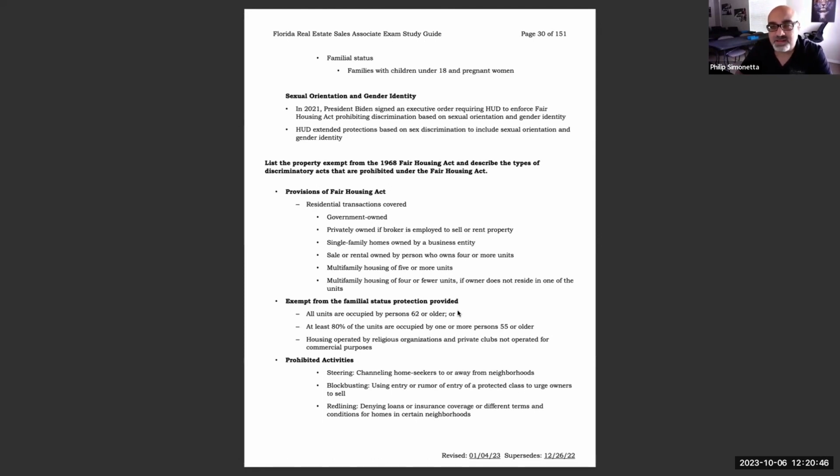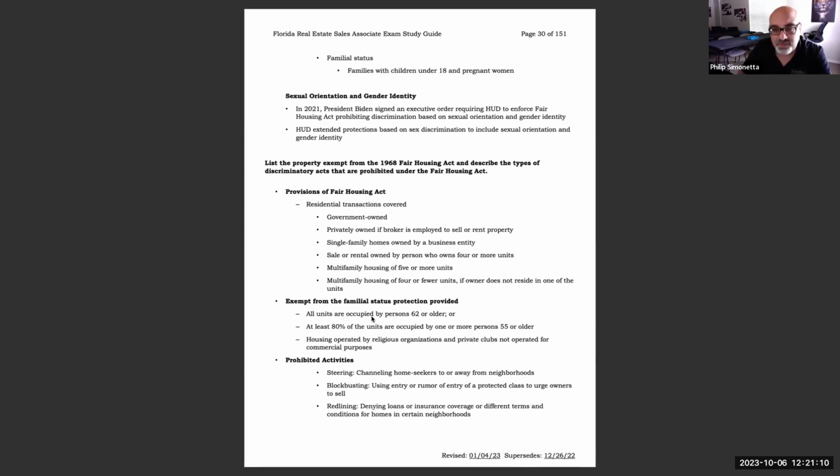The president signed an executive order requiring HUD to enforce the Fair Housing Act prohibiting discrimination based on sexual orientation and gender identity. HUD extended protections based on sex discrimination to include sexual orientation and gender identity at that time in '21.